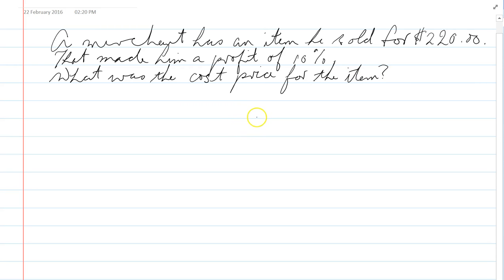So we set it out. Cost price, which we could call CP, is equal to 100%. That's always the cost to the merchant, 100%.